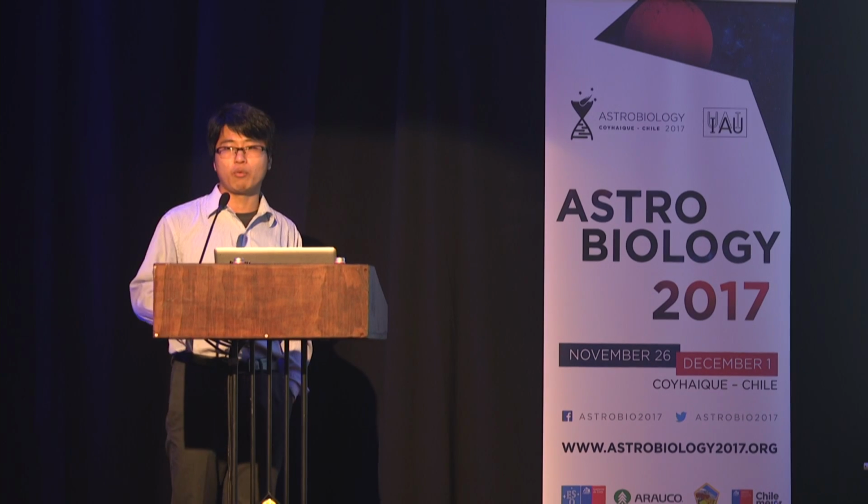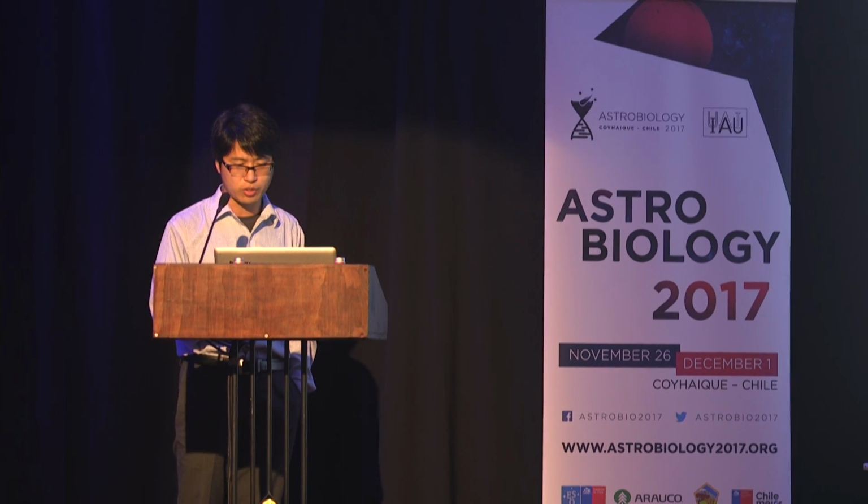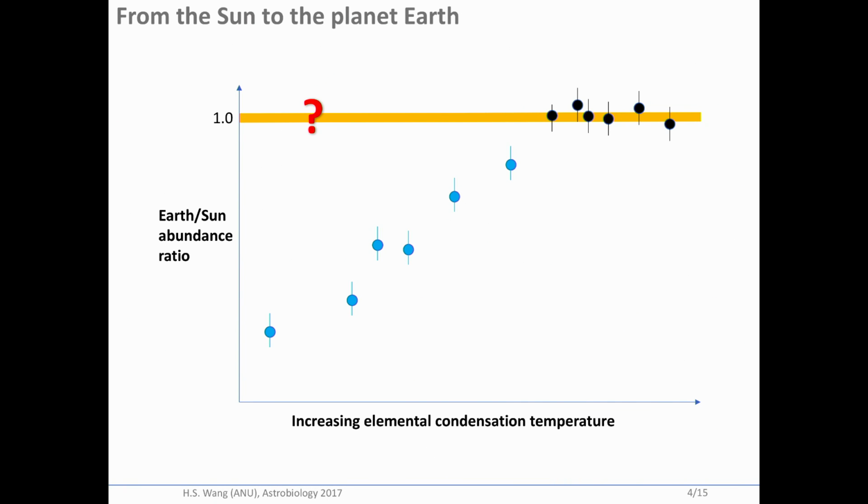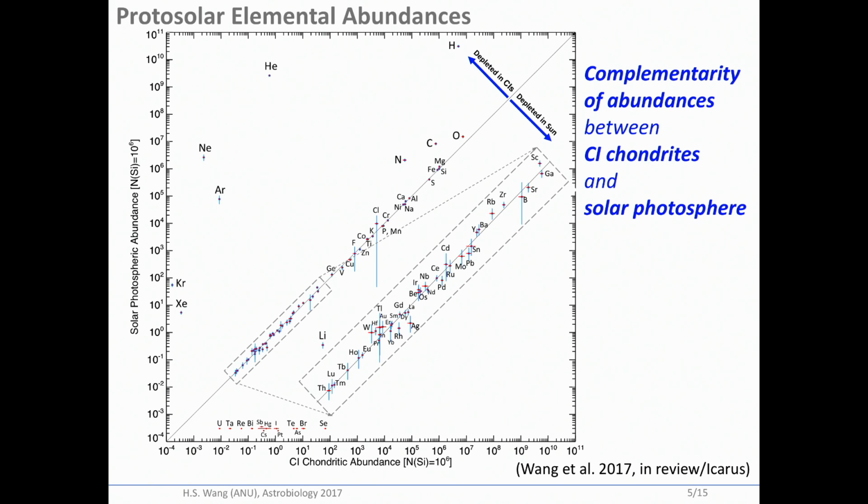Now, what are the protosolar abundances, as I just talked about? This diagram shows the comparison between the CI chondritic abundance on the x-axis and the solar photospheric abundance on the y-axis. Everything along this line is essentially identical between the CI chondrite and the photosphere.